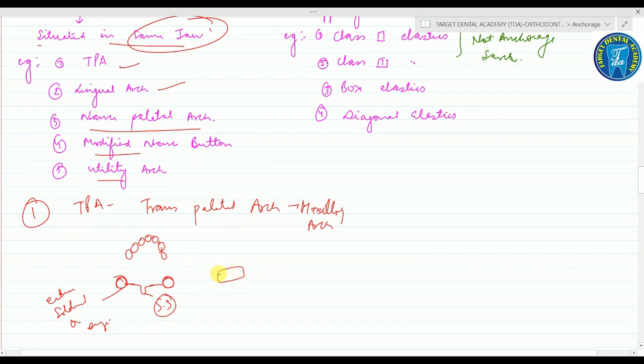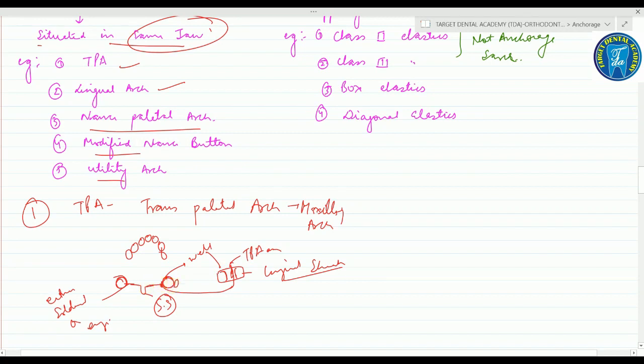This is a lingual sheath. It has a passage for the insertion of the TPA arm. On the buccal side there is a molar tube, and on the lingual side you need to weld the lingual sheath for the insertion of your TPA.